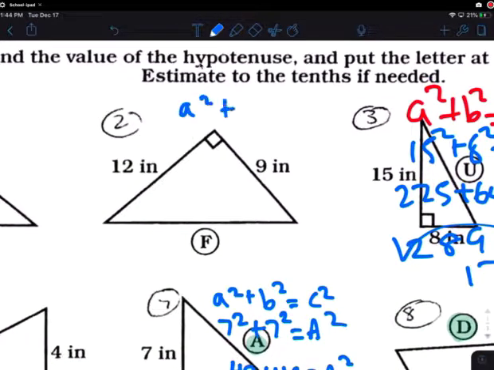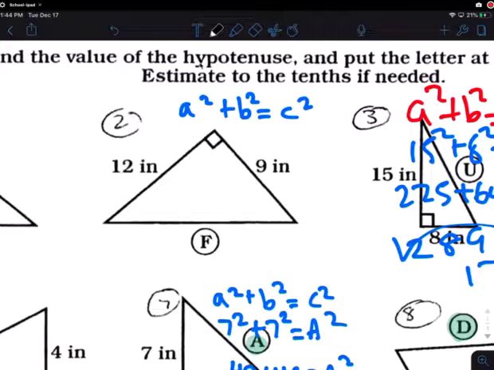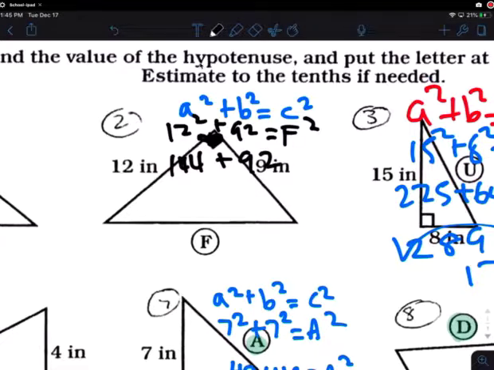A squared plus b squared equals c squared. A is 12. Doesn't matter which one is a, as long as it's attached to here. 12 squared plus 9 squared equals f squared. 144 plus 92 is 236.